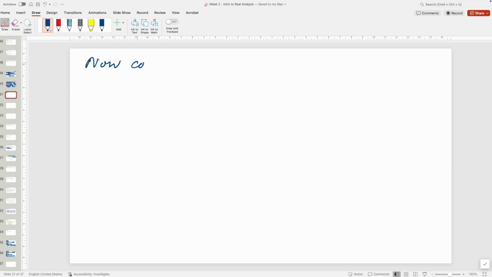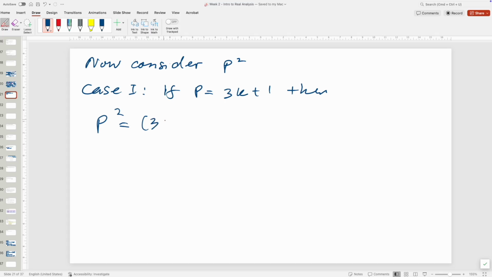Okay, check P square. Now consider P square. We'll write case 1 here, because we have 2 possibilities. If P equals 3K plus 1, then what do you get? P square equals 3K plus 1 squared. That is 9K square plus 6K plus 1, right?